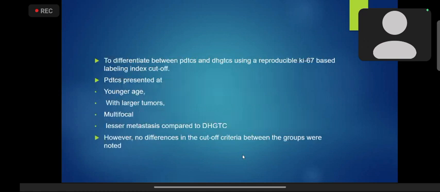To differentiate between these, there is no Ki67 based labeling index cutoff, and poorly differentiated thyroid cancer presents at a younger age with larger, multifocal tumors and fewer metastases compared to differentiated high-grade thyroid cancer.